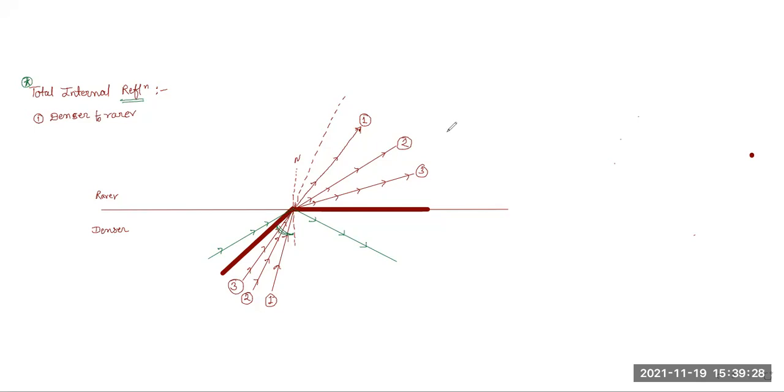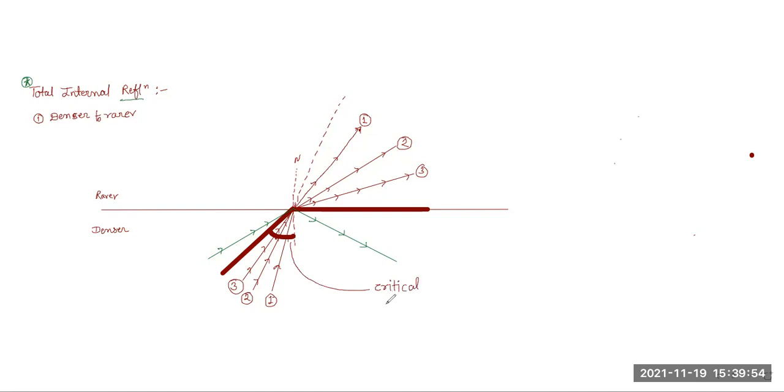This minimum angle that we have to maintain to get this particular along-the-border ray, that angle is treated as the critical angle.